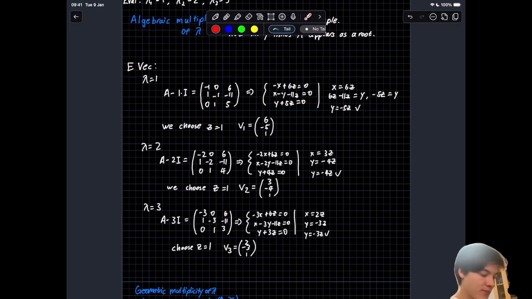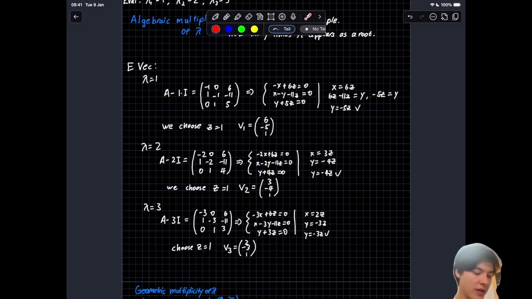So if we have the axes x, y, z, then we would have here minus the first variable plus 6 times the last one, and then we try to solve this. We see that we get y equals minus 5z.